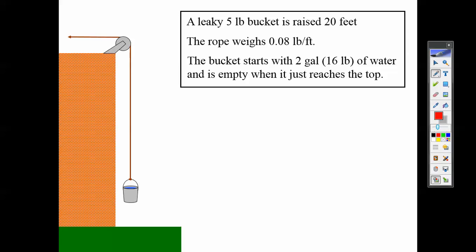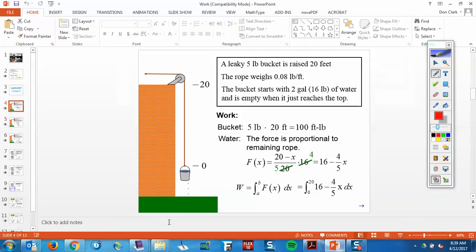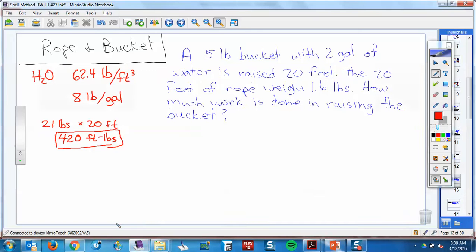If they give it to you this way, you can use that, or you can use what I have. The bucket starts with 2 gallons of water, and it says it's empty when it reaches the top, so the bucket is leaking. I'm not going to do the leaking bucket in my example. We'll come back and do that in a second. Let's first work it where we're just raising this bucket of water.